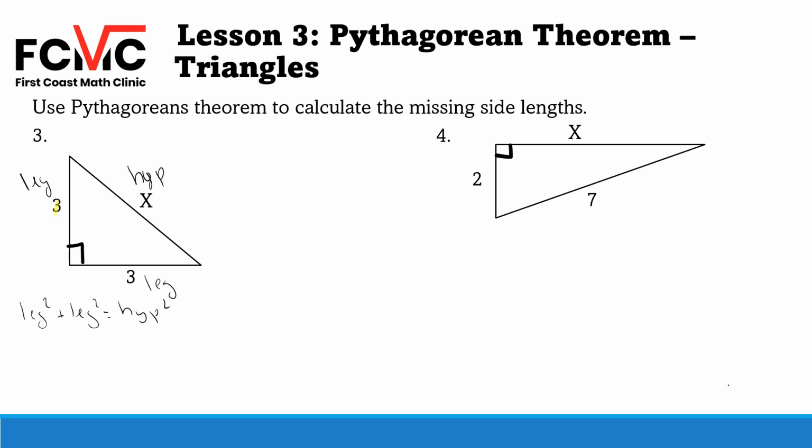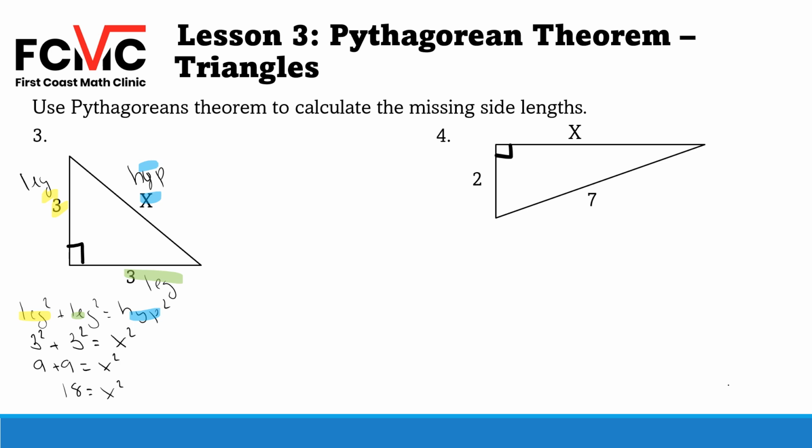So let's set this up. One leg is 3, the second leg is 3, and our hypotenuse is going to be x. Let's do our substitution. We'll have 3 squared plus 3 squared equals x squared. 3 squared is 9, plus 9 equals x squared. 9 plus 9 is 18 equals x squared.